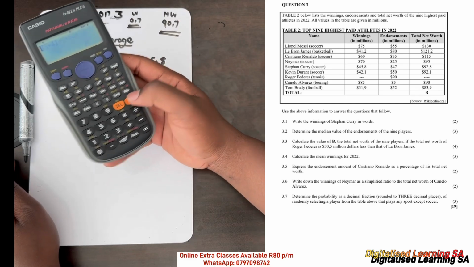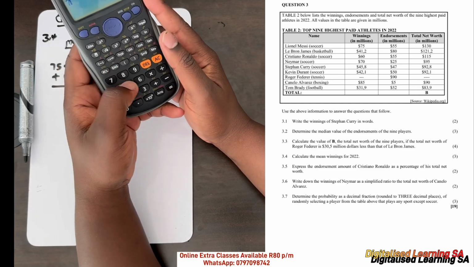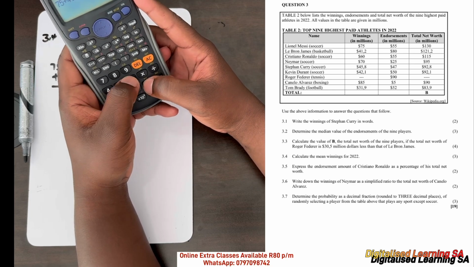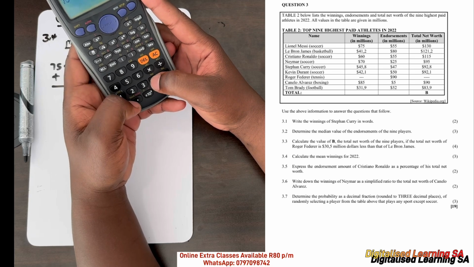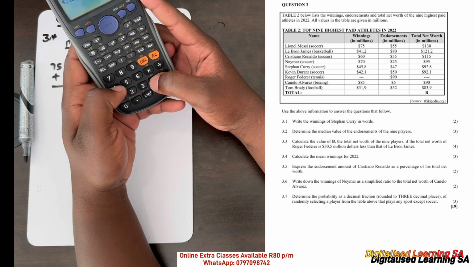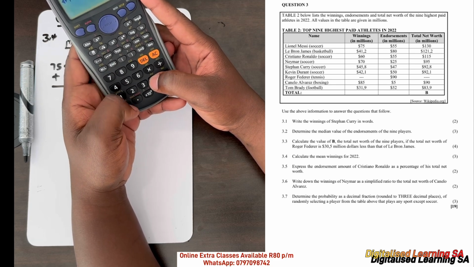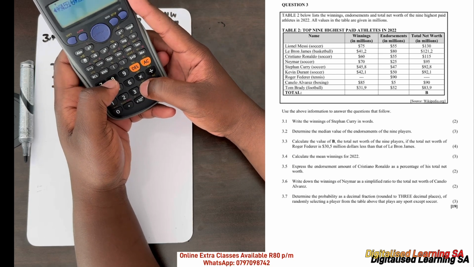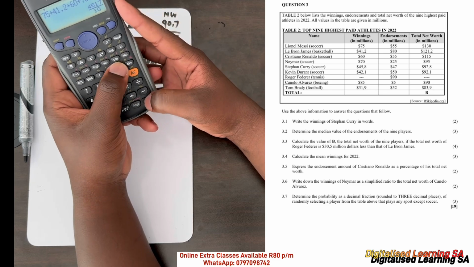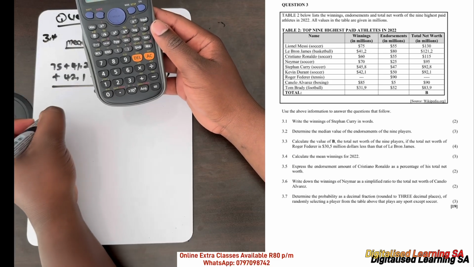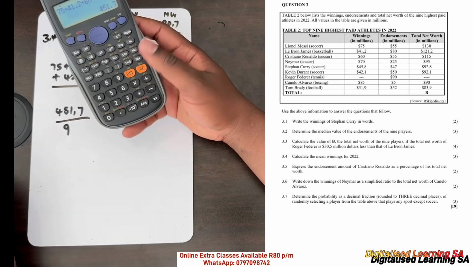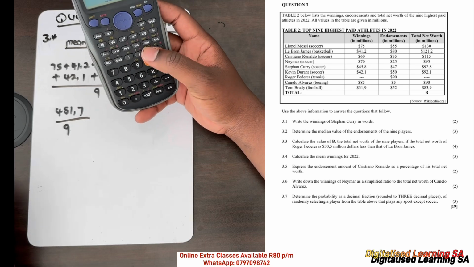Let's double check. 75 plus 41.2, and then plus 60 plus 70 plus 45.8 plus 42.1 plus 0.7 plus 85 plus 31.9. Yeah, so our answer is 451.7 divided by 9. If we divide this by 9, we will get our mean.